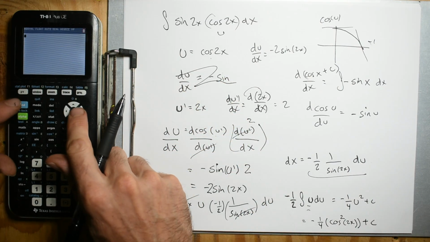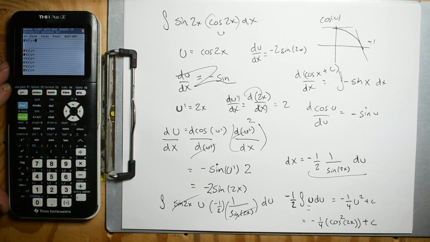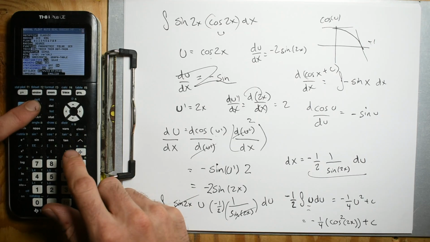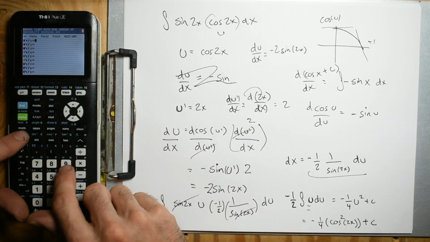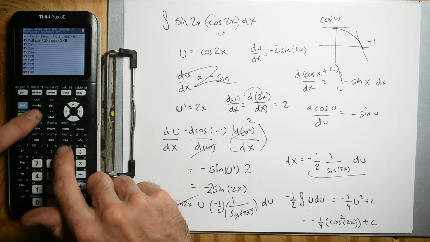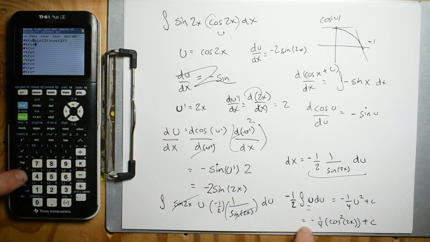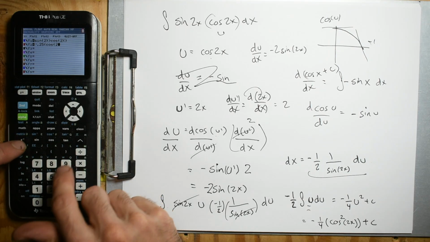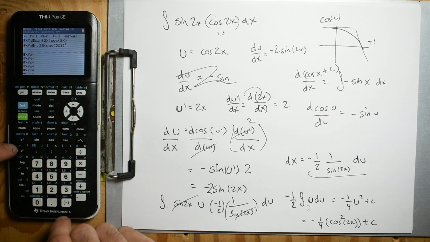So let's put these into our calculator because I'm really interested in this one. I'm just going to make sure we're in radians. We're going to do sine 2x, cosine 2x. And then we're going to do negative 0.25 cosine 2x all squared.